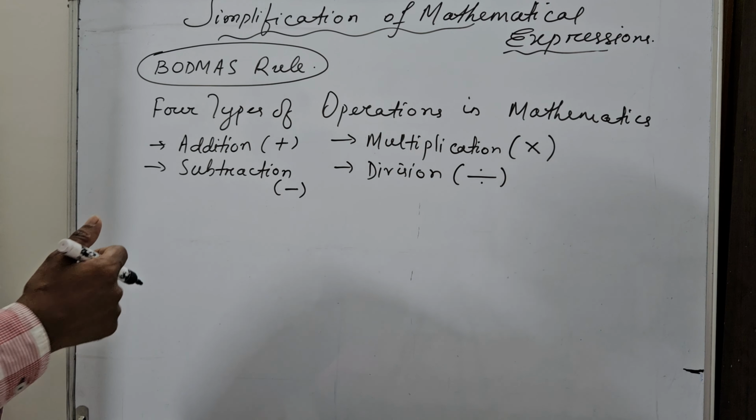So these numbers, you know, the symbols are for whole numbers is W. The natural numbers are symbolized as N. Then integers are Z. Then rational numbers as Q. So these symbols we already know. But how these numbers are added, subtracted, multiplied, or divided, we will be knowing by using this simple rule, BODMAS rule.